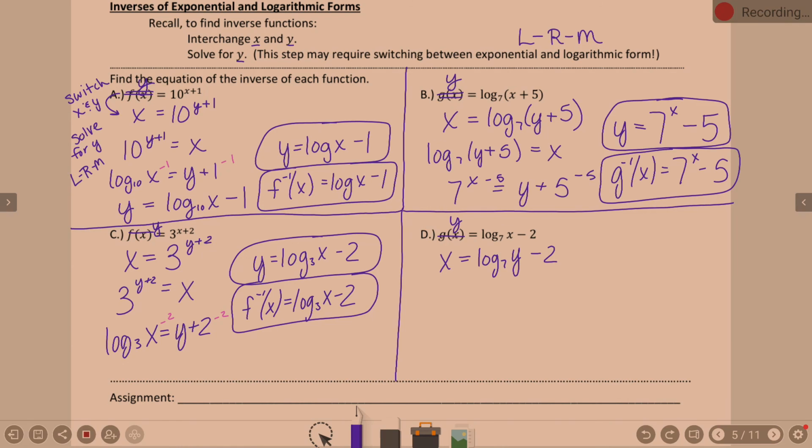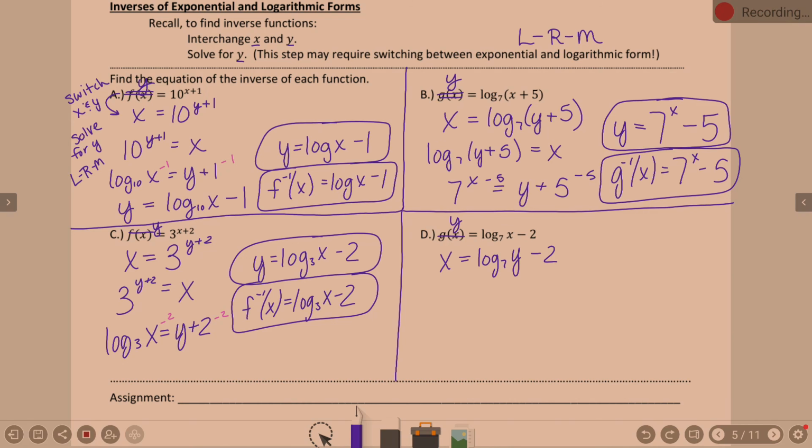So here's what I'm going to say. I can't do a left, right, middle right now until my log is by itself. Right now I have the log of x subtracting 2. So what I actually need to do first of all is isolate my log, so I can do a left, right, middle. You always want to isolate your exponent to do left, right, middle, or isolate your log.